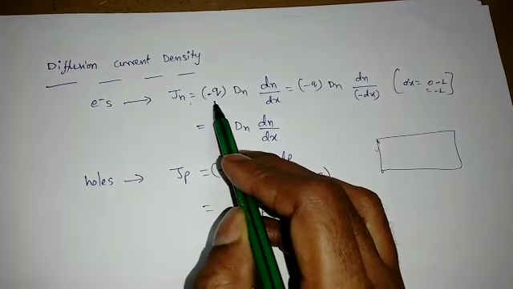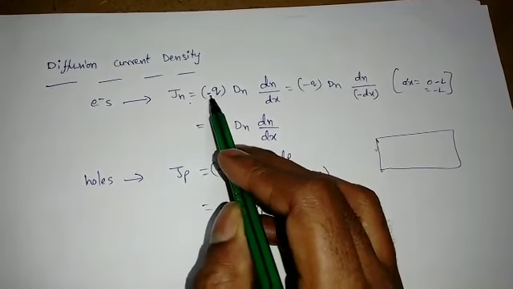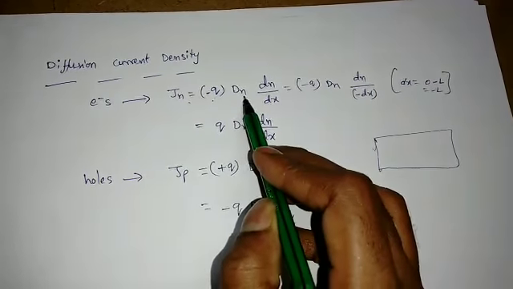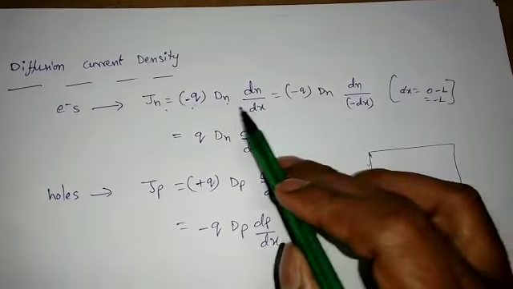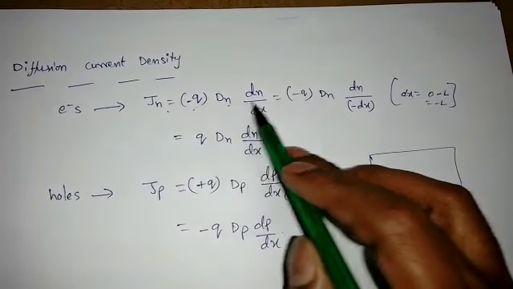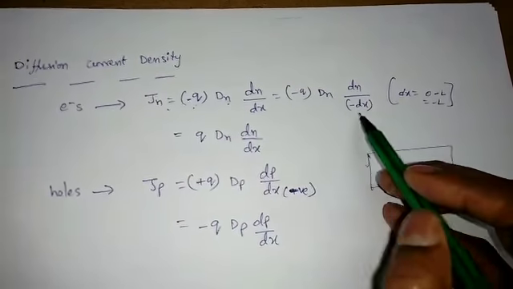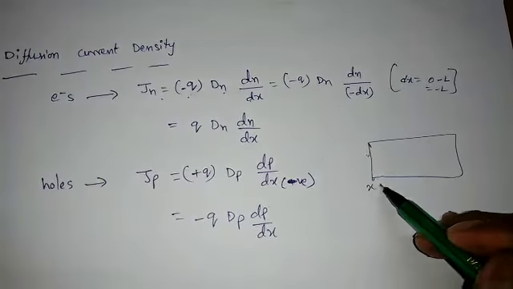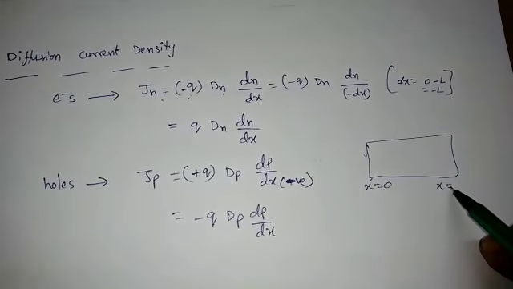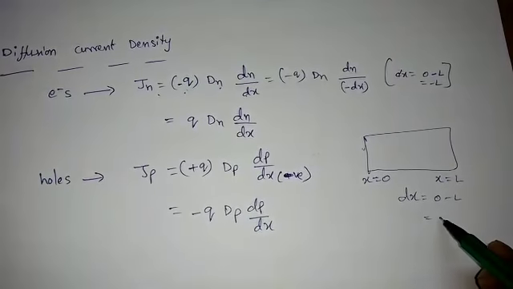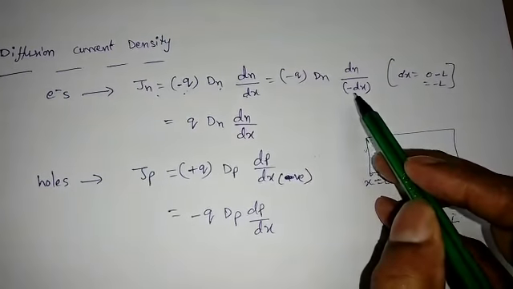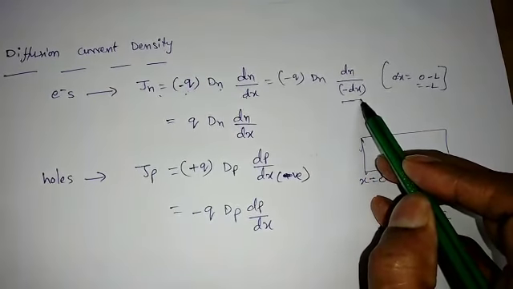This is the electron concentration gradient with electron charge, that is minus q into diffusion constant Dn into dn by dx. Minus q is for the negative charge, and what about dn by dx? Suppose x is equal to 0 here and x is equal to L here. The difference I will get is 0 minus L, so minus L. So the diffusion length, or we can say it is negative.